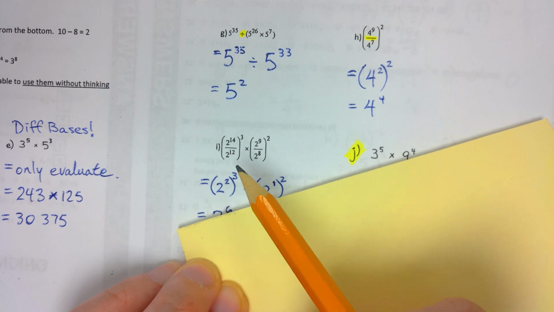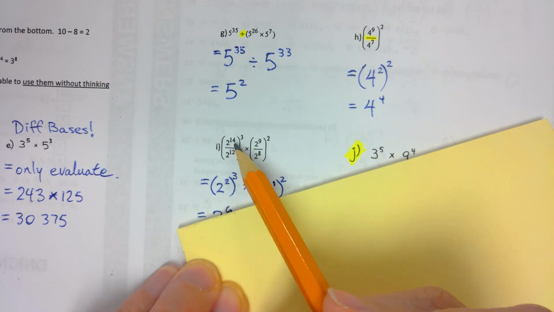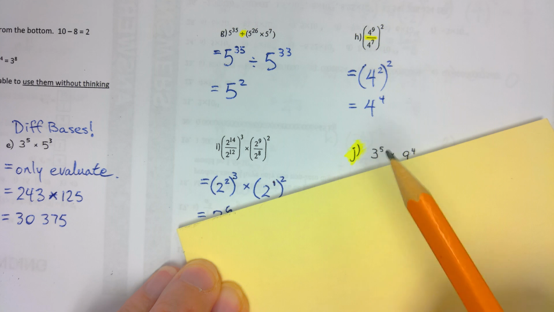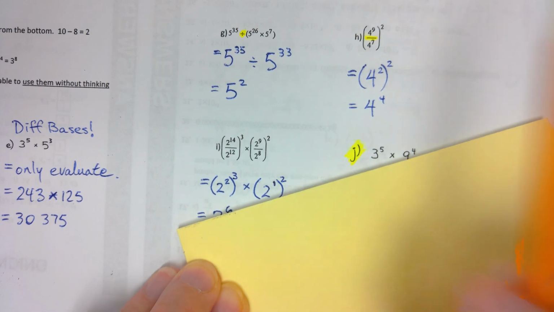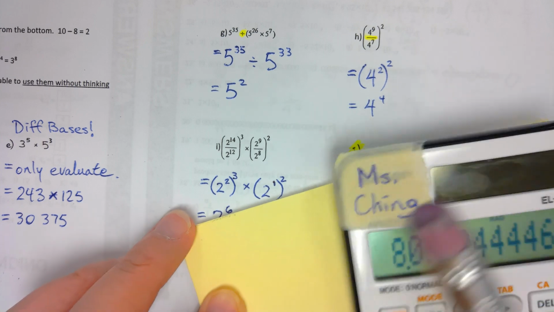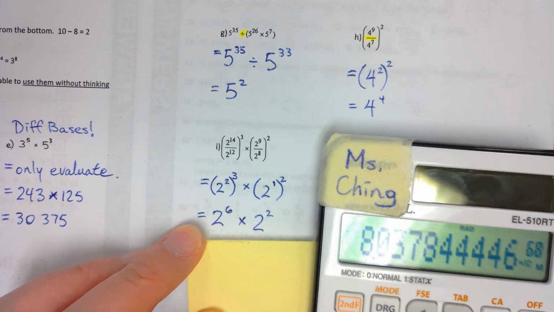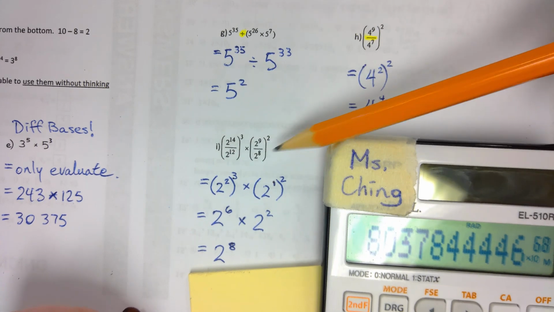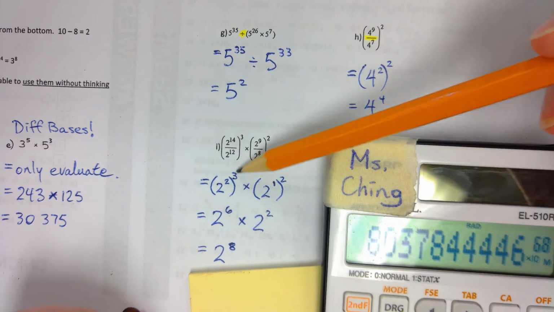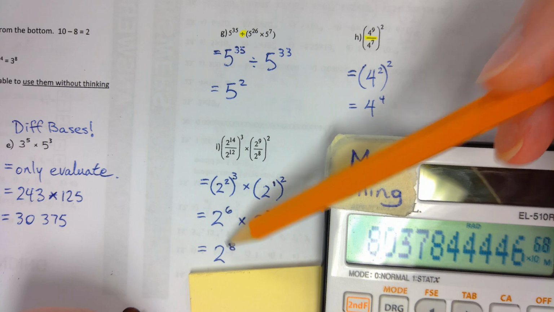You'll get the same answer. Oh, wait, not yet. 2 to the power of 6 times 2 to the power of 2 to the power of 4. Good. Okay, so reduce the fraction inside, multiply, and then add.